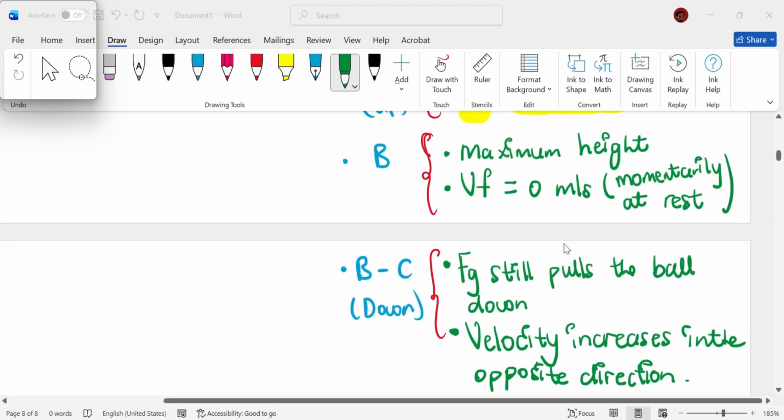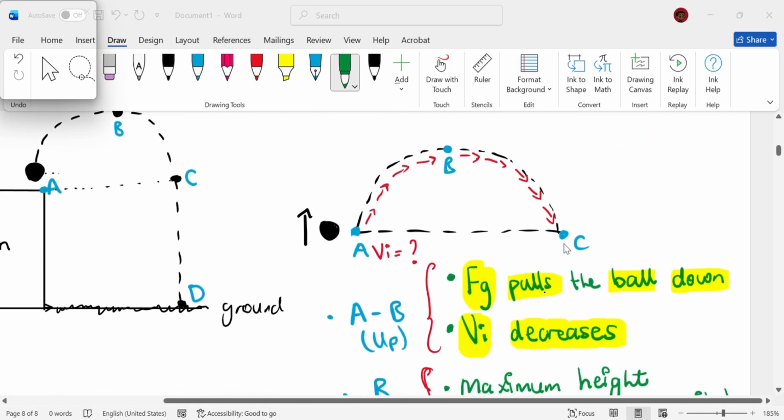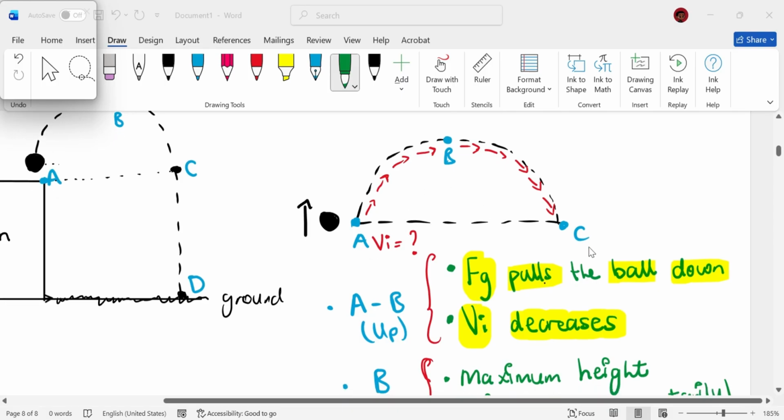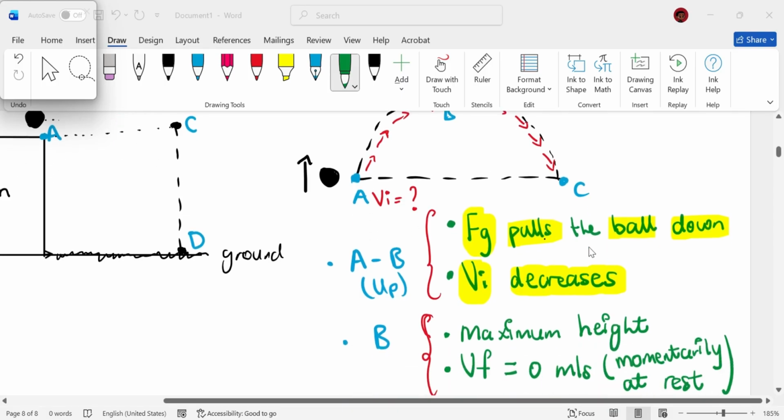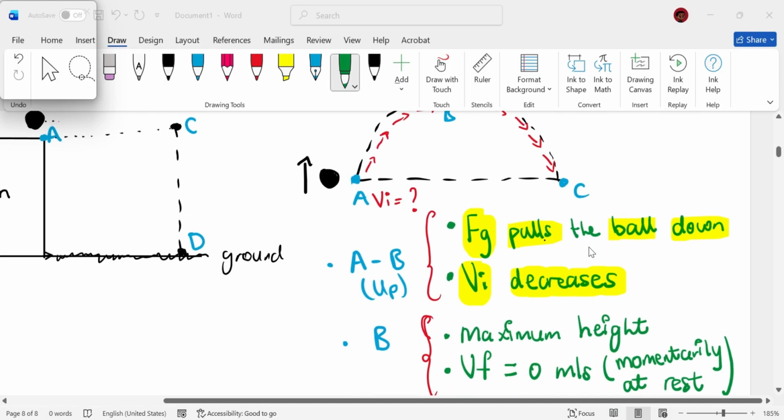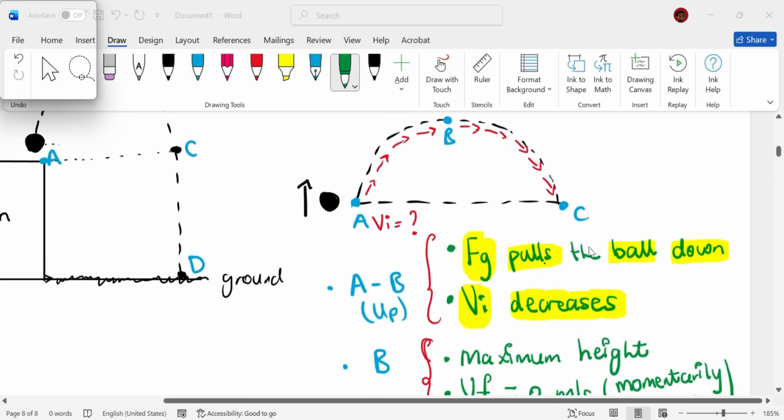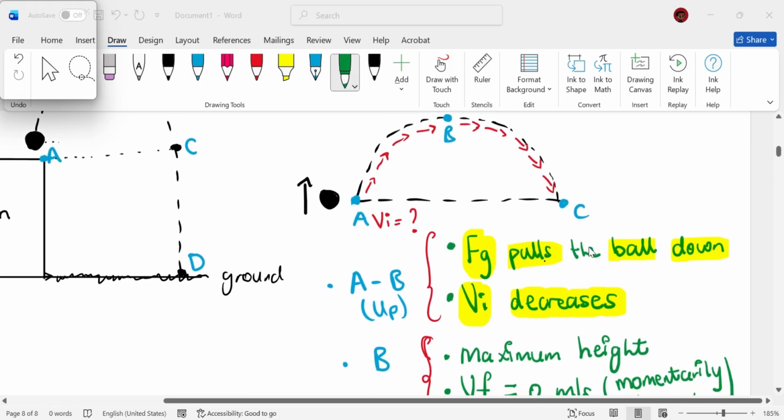So what am I saying? If you look at our hemisphere once again, we have the points A, B, and C. We have said that from A to B, the ball is moving upwards. What does that mean? The velocity of that ball will decrease, and the velocity decreases because the gravitational force pulls the ball downwards.